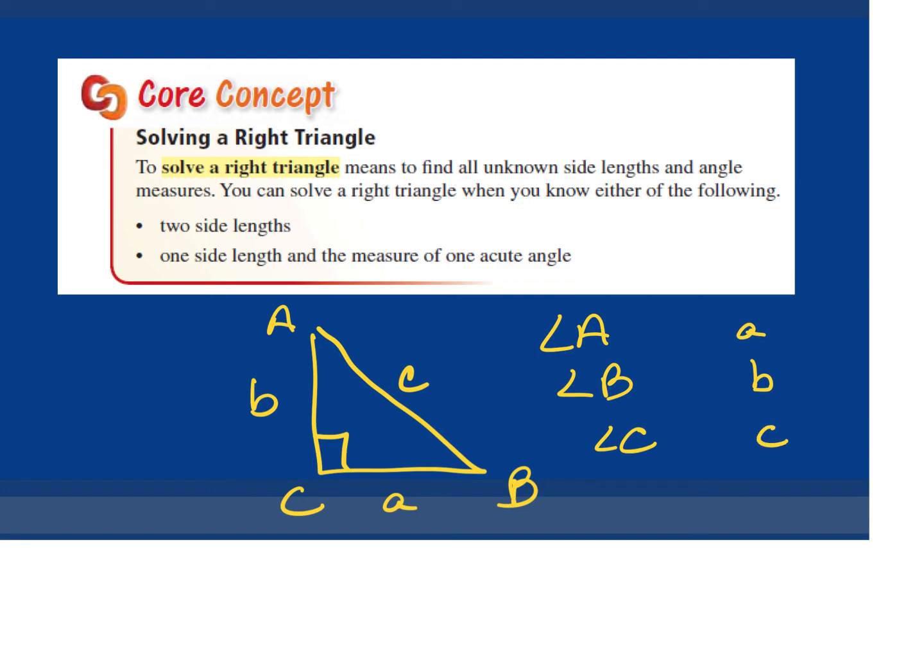So my goal here is to find all of the missing pieces. Let's take a look at an example of solving a right triangle.